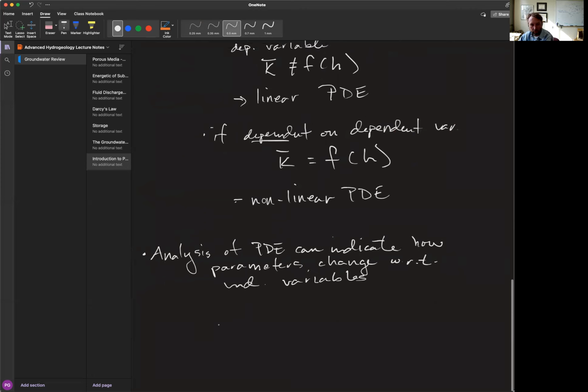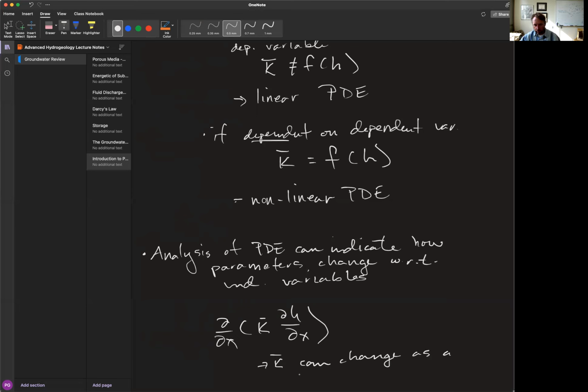All right, so for example, in our equation right now, we say d dx of k dh dx. This k is within a spatial term. That means here that the value of k can change with respect to x. So right now, k can change as a function of x.